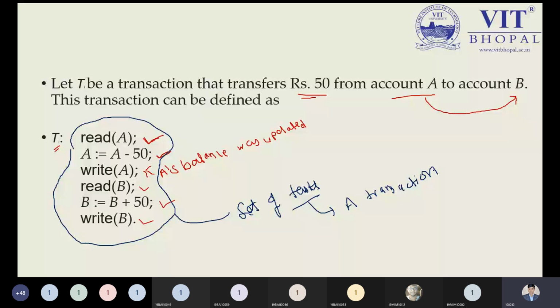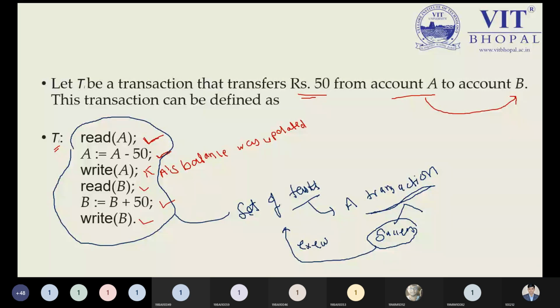The set of tasks which come into a transaction should all be completed, then we can say the transaction is successful.